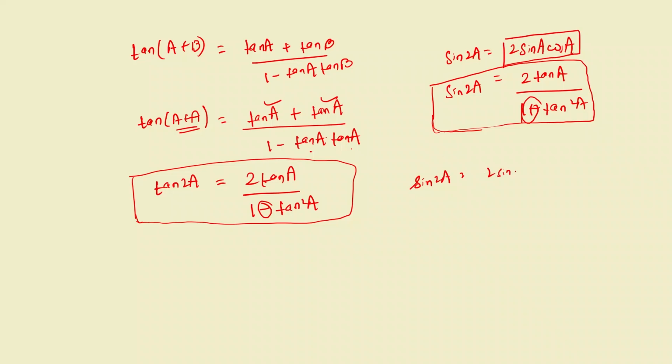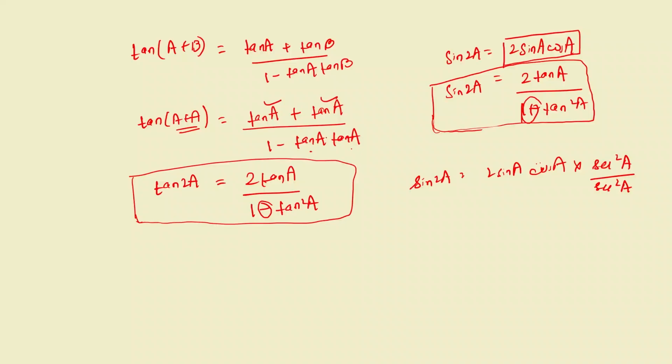detailed hint. So we know that sine 2a is 2 sine a cos a. What you do is multiply with sec square a in the numerator and the denominator. So you get a sec square in the denominator, and in the numerator cos a times sec square a.